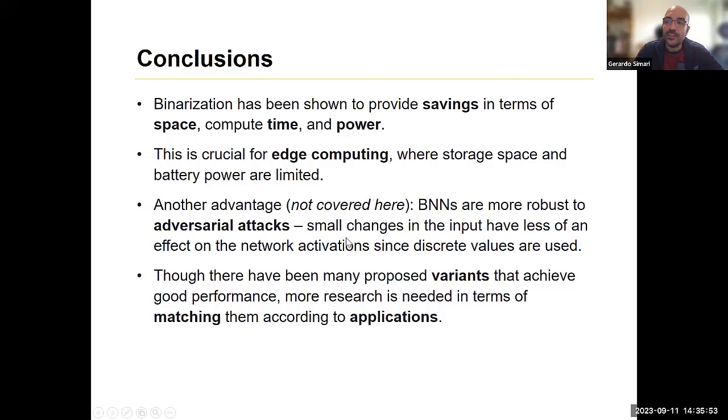So another advantage that I didn't cover here, but it's also very interesting, is that binarized neural networks are more robust to adversarial attacks. So the intuition being that small changes in the input, which is what adversarial attacks are based on, have less of an effect on network activation, since discrete values are used.